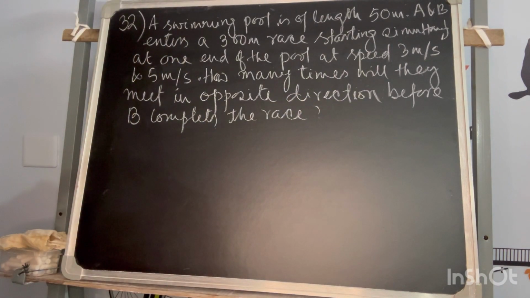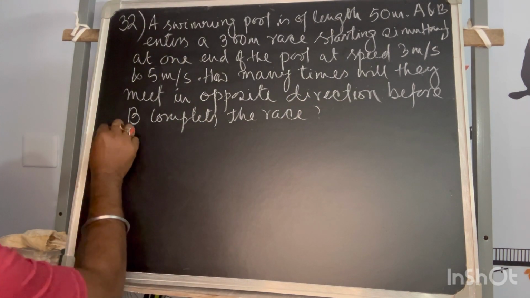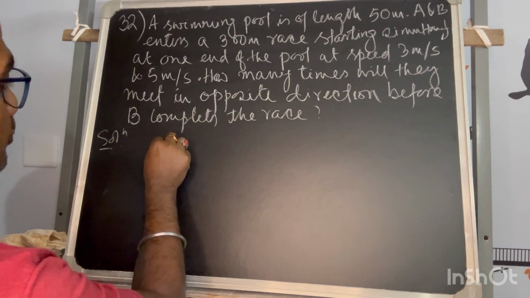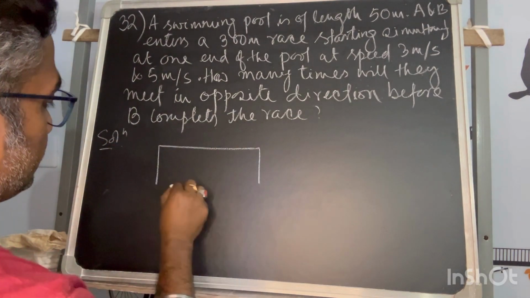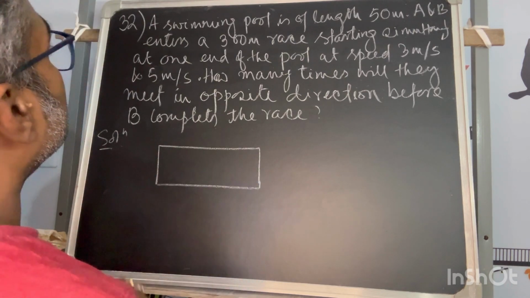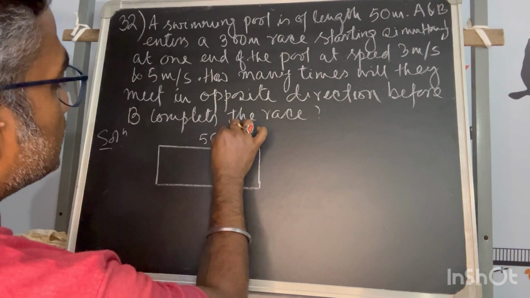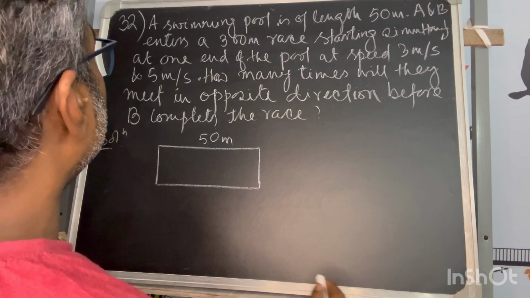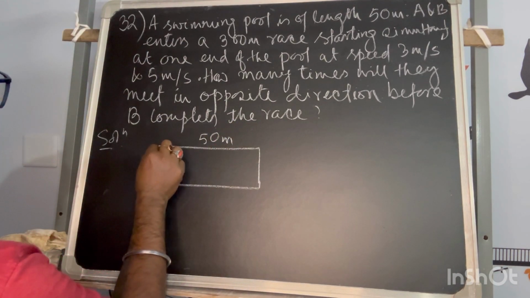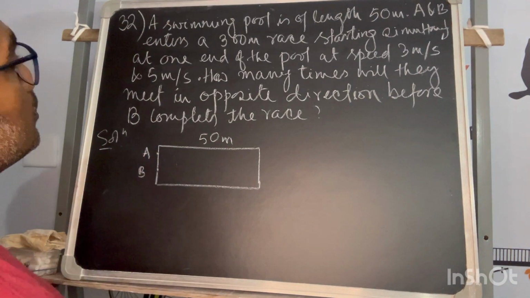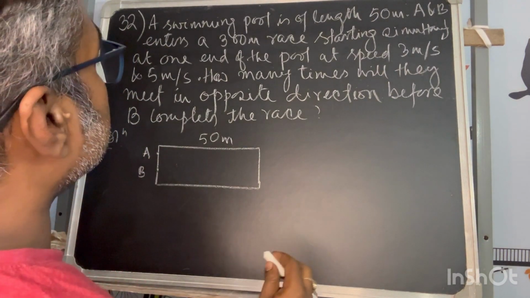So, a swimming pool, let's say this is the swimming pool of length 50 meter. A and B enter a 300-meter race.